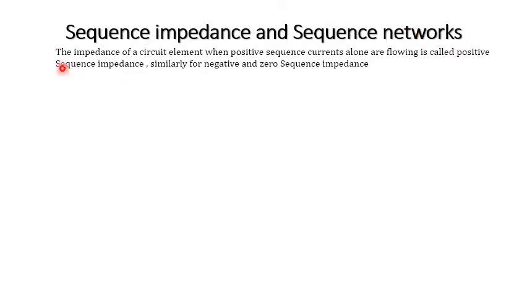The definition is: the impedance of a circuit element when positive sequence currents alone are flowing is called positive sequence impedance.